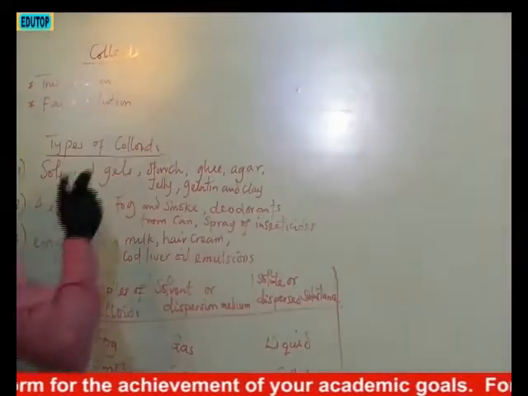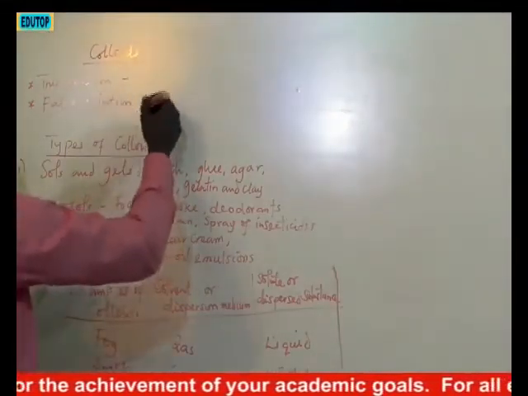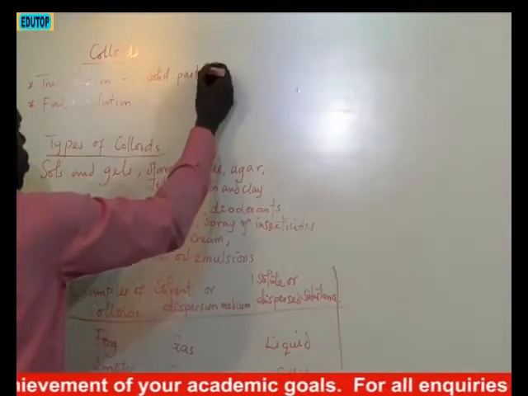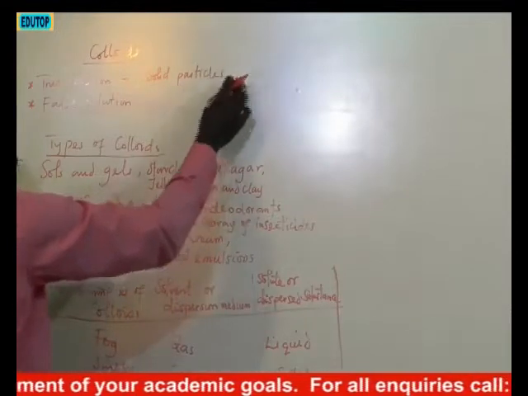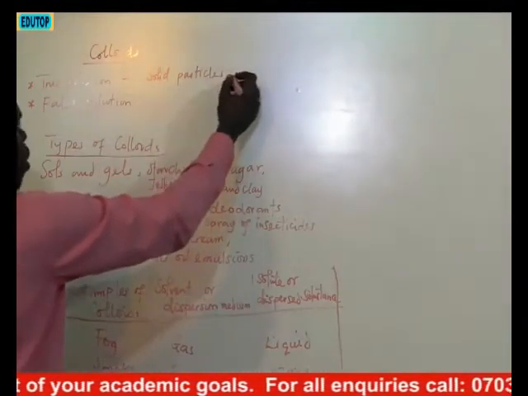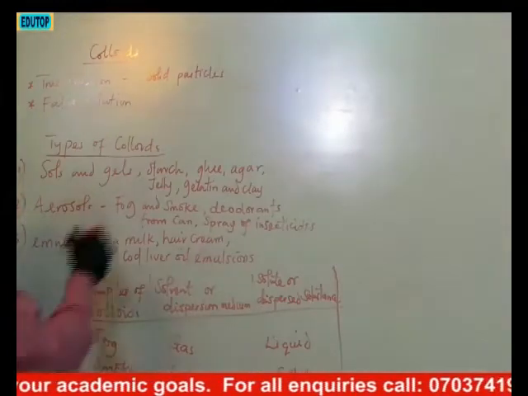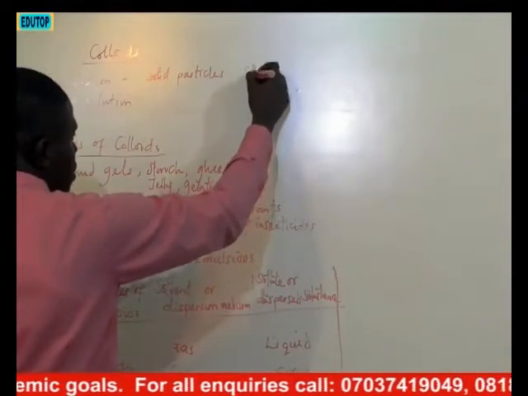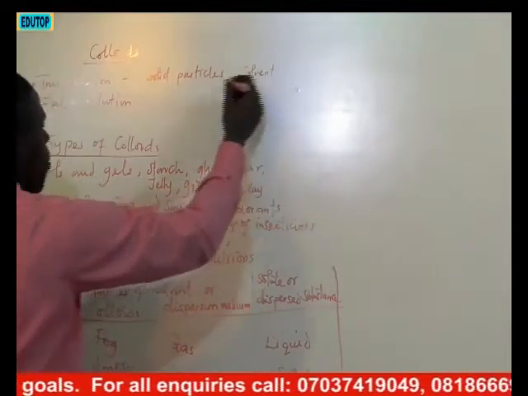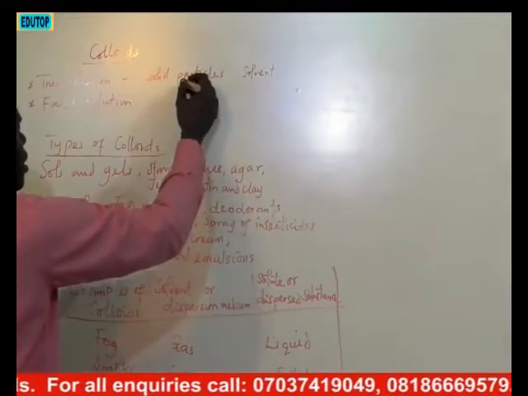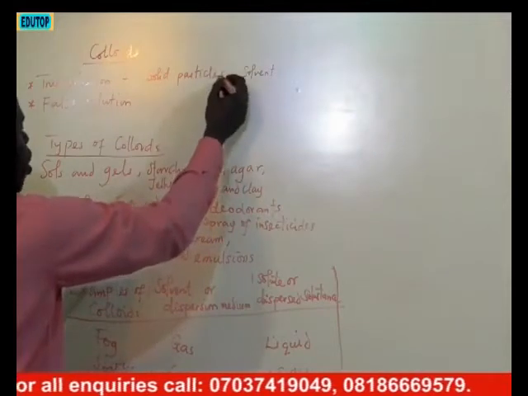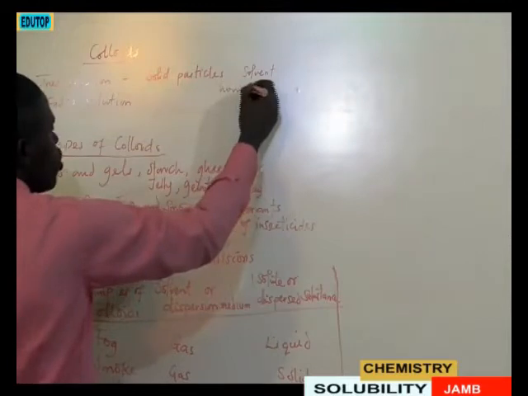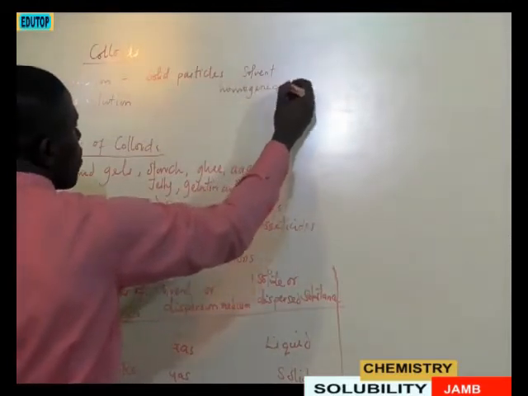When it occurs as a true solution, what it means is that the solid particles are able to dissolve in between the solvents in the correct proportion such that the resultant product gives a homogeneous mixture.